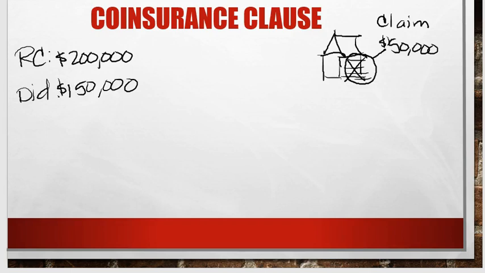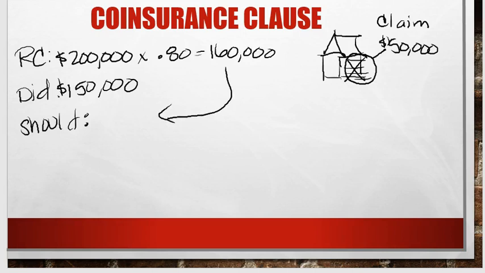We should have insured it for at least 80% of the replacement cost. So how do we find out what 80% of 200 is? We just multiply that by 0.80, and that will give us 80%. So 80% of 200 is 160,000. So we should have insured it for at least 160,000.